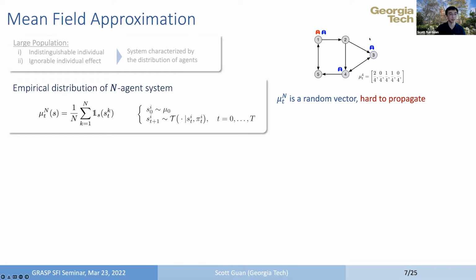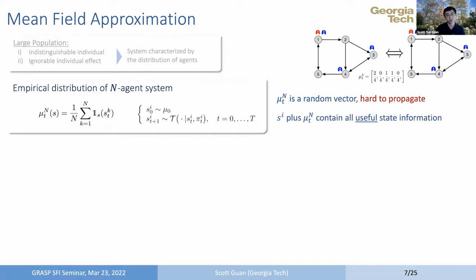Notice that this empirical distribution mu n t is a random vector, since we have in general stochastic dynamics. And this random vector could be very hard to propagate in general, because you need the distribution of a random vector into the future to fully characterize it.